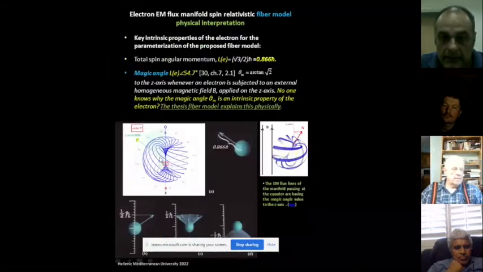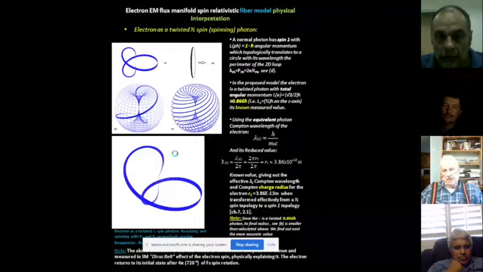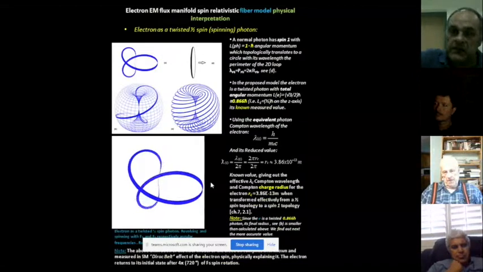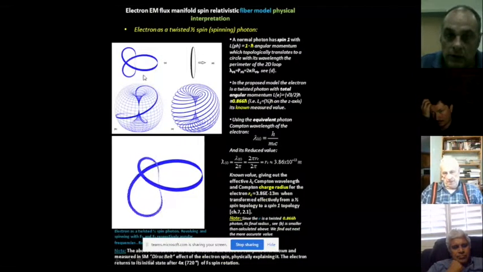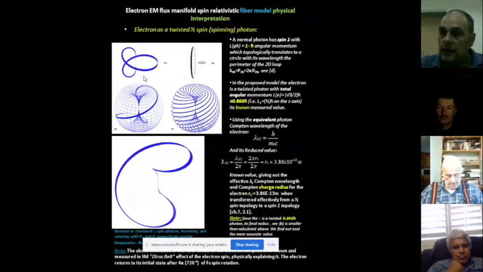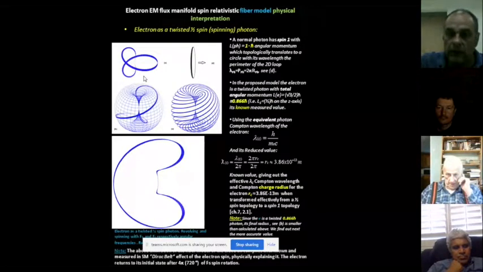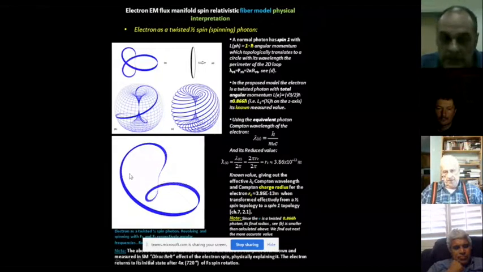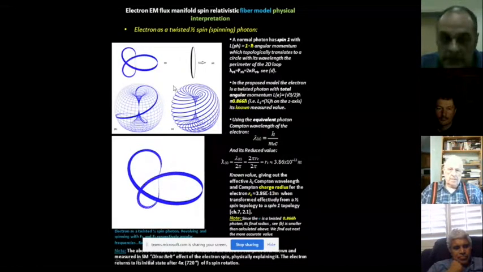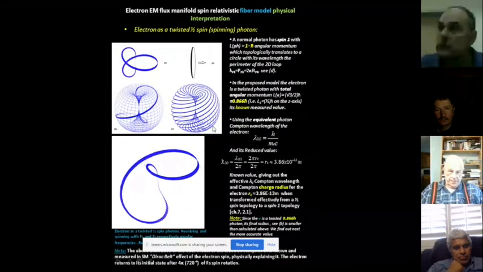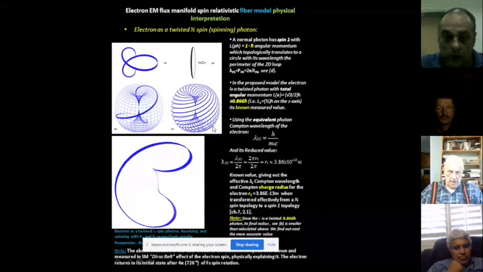It's a twisted photon, not a circular loop, and it's spinning around an axis and also revolving, and that gives the angular momentum. Because this is spinning with the speed of light, it creates the whole electromagnetosphere of the charge of the electron. So it's just one photon.